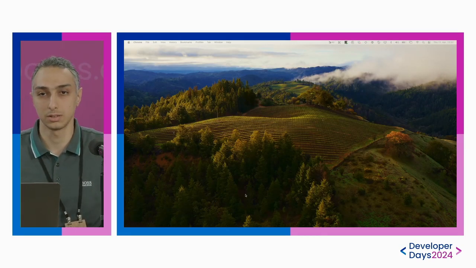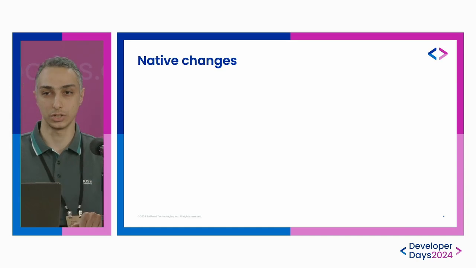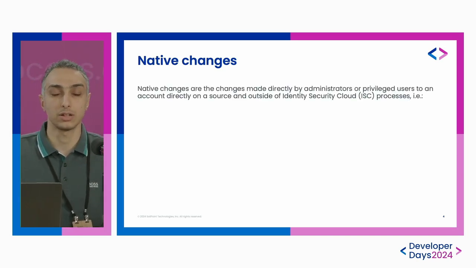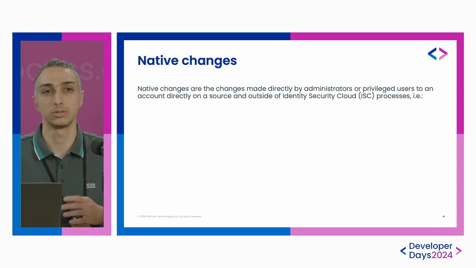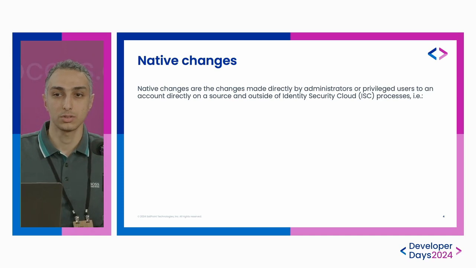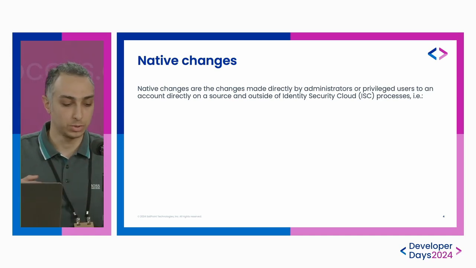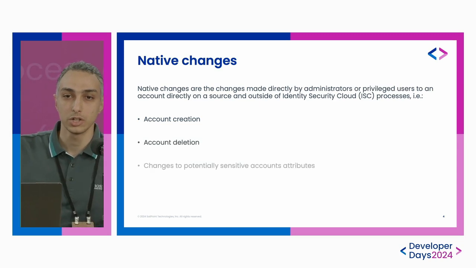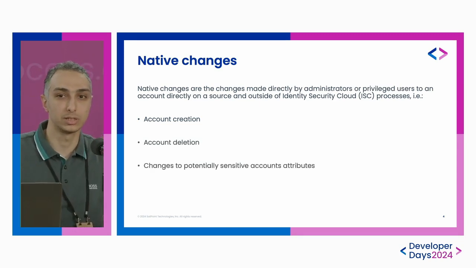Yeah, so let's start our presentation. So what are native changes? Native changes are any changes that are made directly through the application, maybe by an administrator or privileged users. So they can change account attributes: create accounts, delete accounts, or change any of the potentially sensitive account attributes.